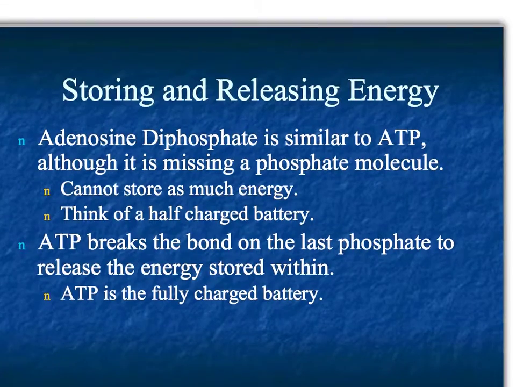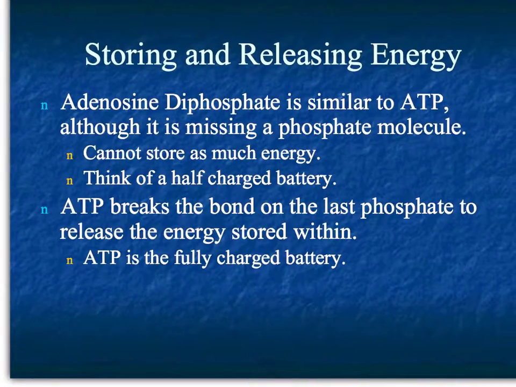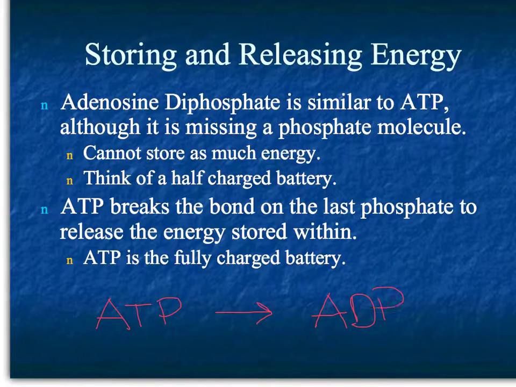So what happens is you have this ATP molecule, which really has the 3 phosphate groups on there, and it's going to turn into ADP. And during this process, you're going to get this releasing of energy.